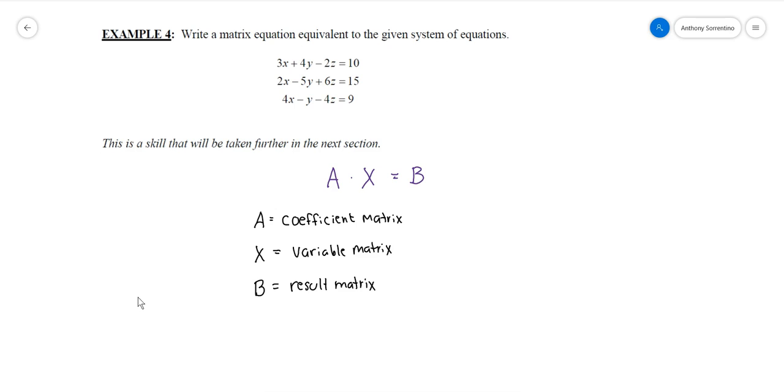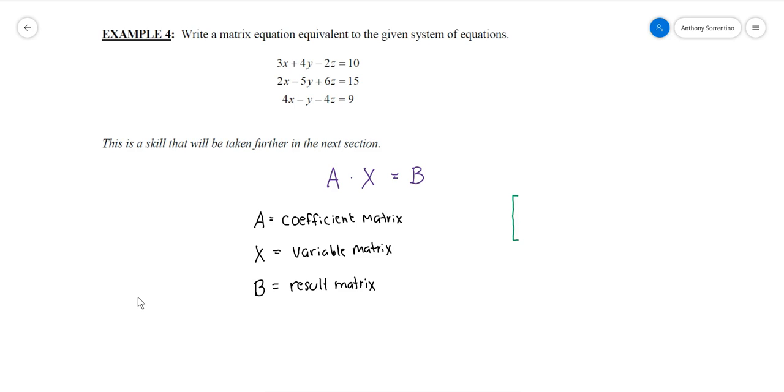I want to be able to write it into this format. It's not very difficult, mind you. It's very similar to some of the things we did when we were doing augmented matrices, except now we're writing the coefficient matrix as a separate matrix from the result matrix, whereas in an augmented matrix, you kind of merge them together.